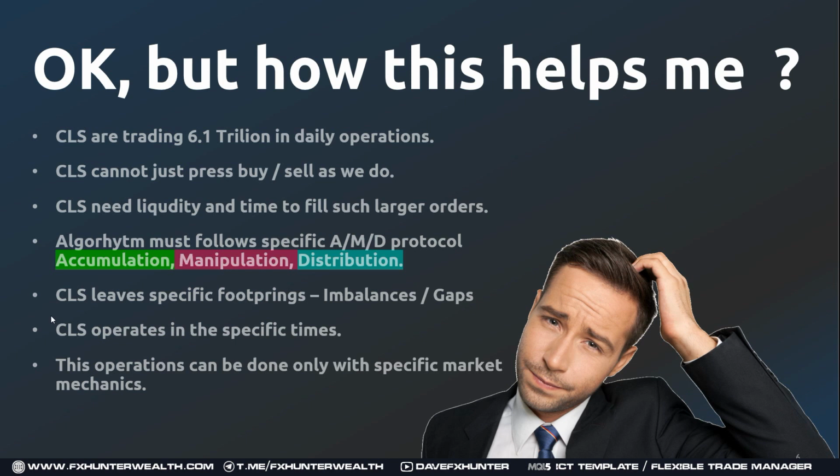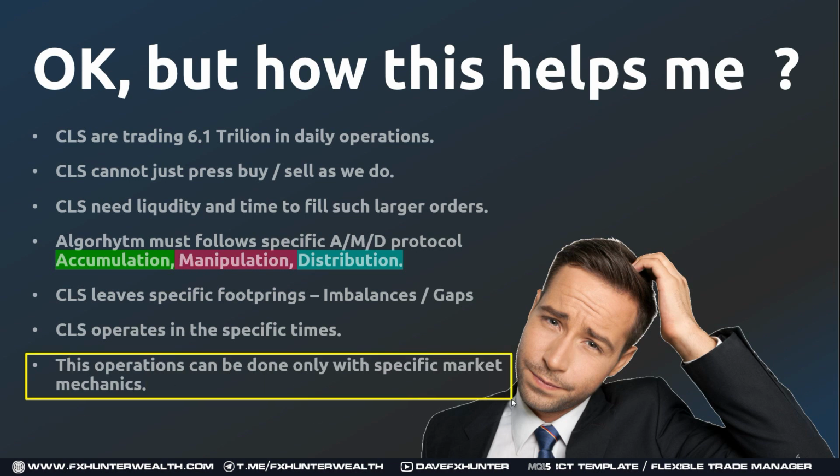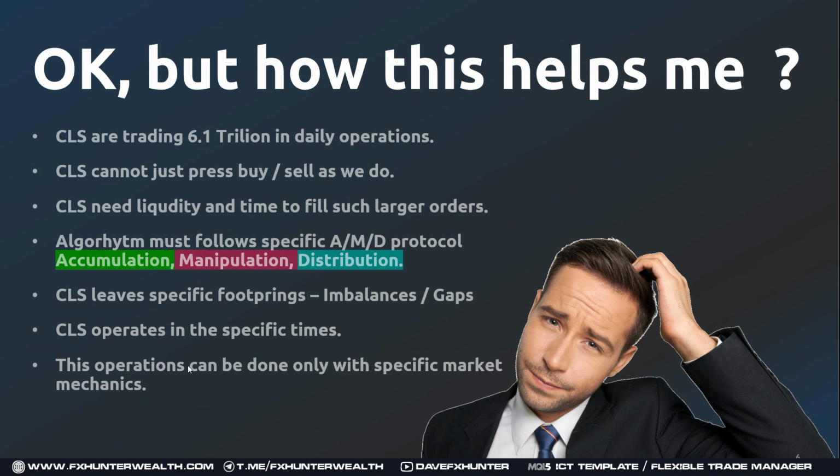What they do is leave specific footprints, basically imbalances and gaps, right? So if somewhere there is a gap, we know that they've been trading, right? They also operate at specific times, which is great information because we can use it to our advantage, right? And these operations can be done with only specific market mechanics, right? So yeah, this is how they work, right?